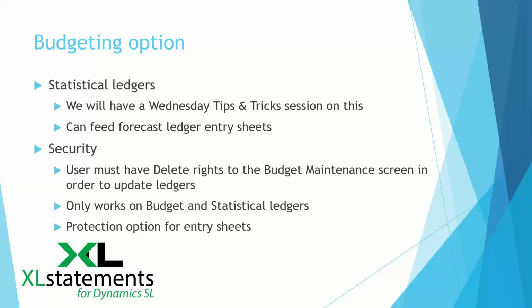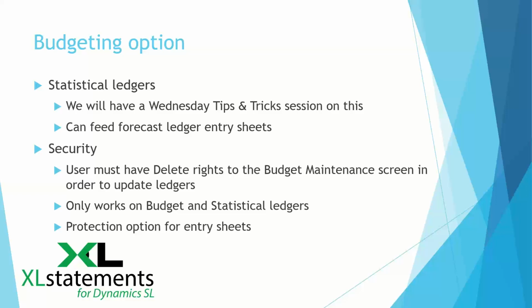So there is security with the budgeting option. You can't press the button to update budget information unless you have delete rights to the budget maintenance screen in Dynamics SL. Even if you didn't turn on modular security or compartmental security, you still have to have those rights in order to press that button.